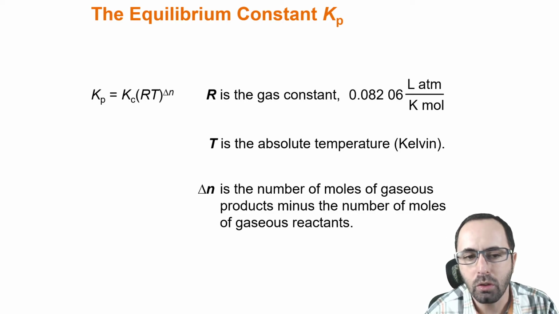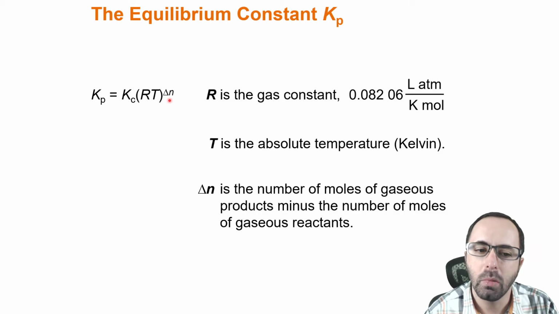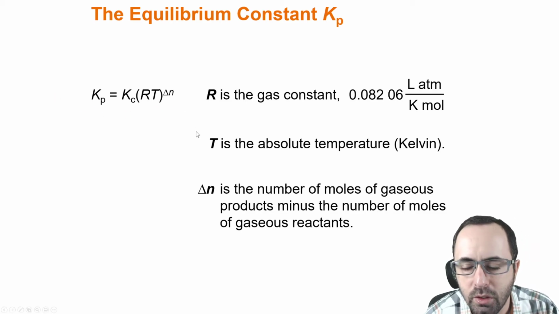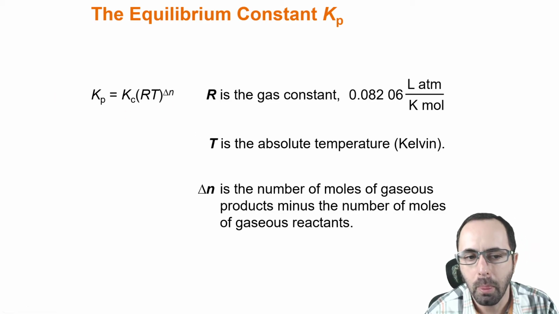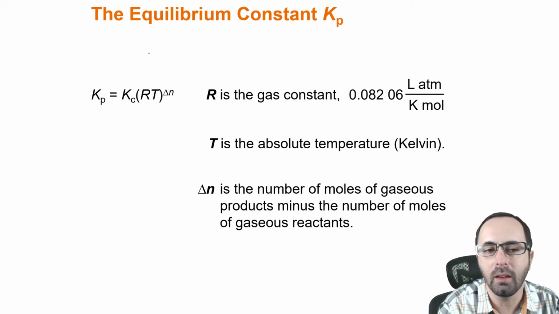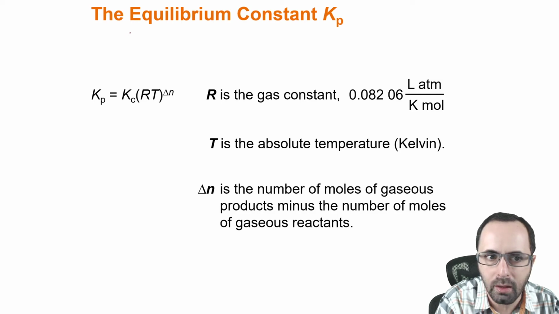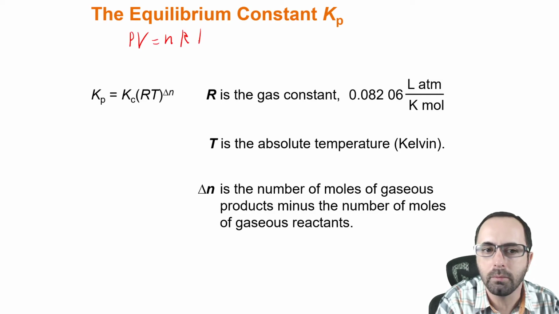Now what I'm going to do is show you that you can memorize this equation, but it's really important that you also understand where it comes from. It comes from applying the ideal gas law to the Kc. You might recall the ideal gas law, PV equals nRT.